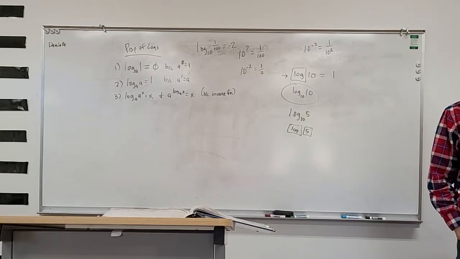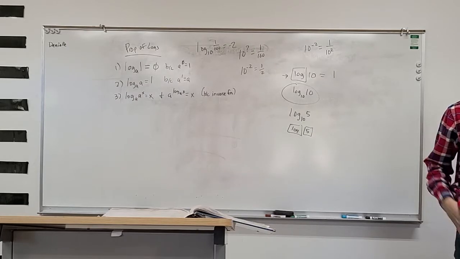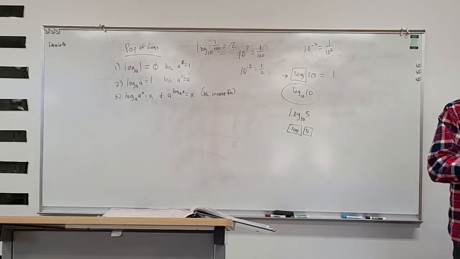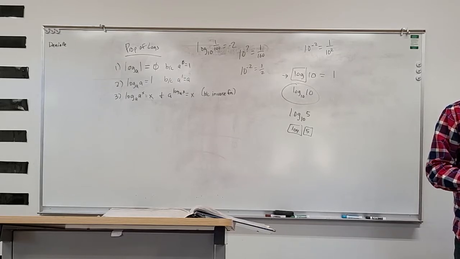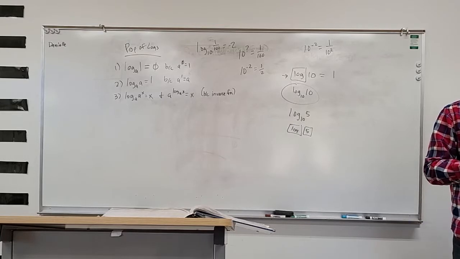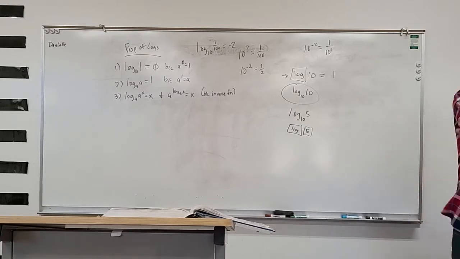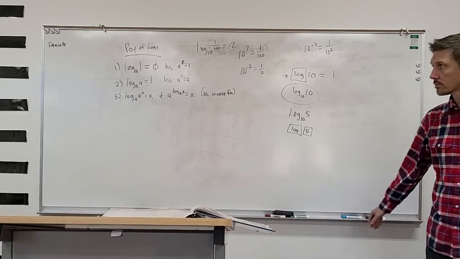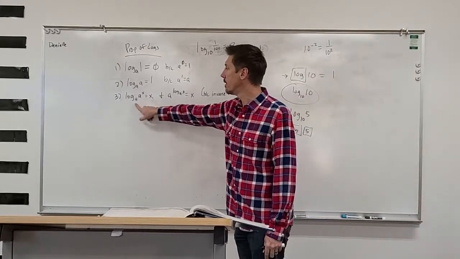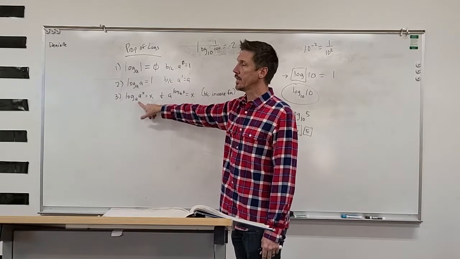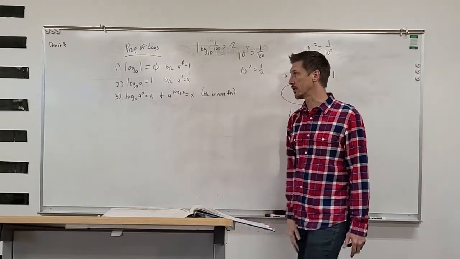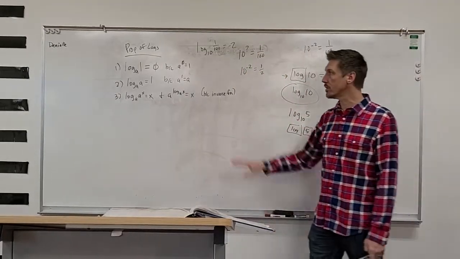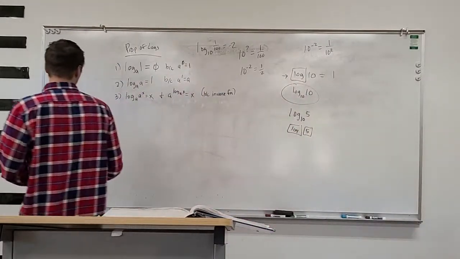If you think back to when we worked on inverses, how do we prove that two functions are inverses of one another? Well, we plug one into the other, and we should always get what value? You guys remember that? X. Right, you're on the right track. It was x. And if we flip it around and do it the other way, we should also get x. What am I doing here? I'm taking the exponential function and plugging it into the log function, so I get x. And here I'm plugging the log function into the exponential function, and I should get x. Because they're inverses of one another, that's true.